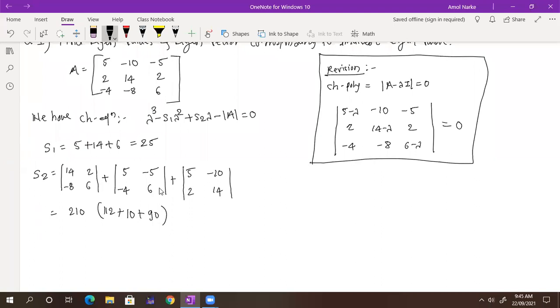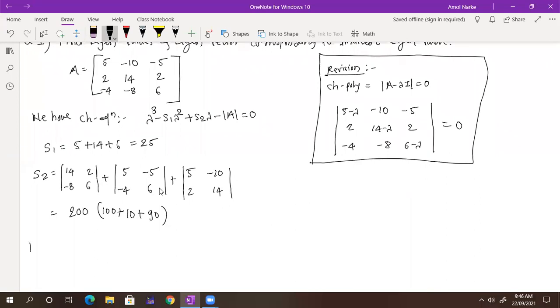First element is 100. 14, 6 are 84. 84 plus 16, it becomes 200. No? 200. Yes, sir. So please check the calculations. So it comes to 200.